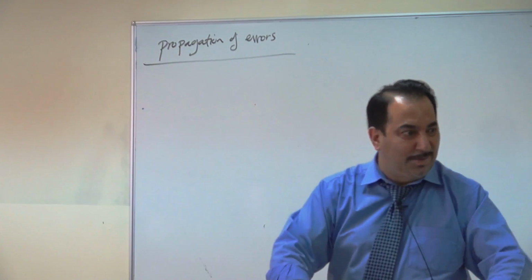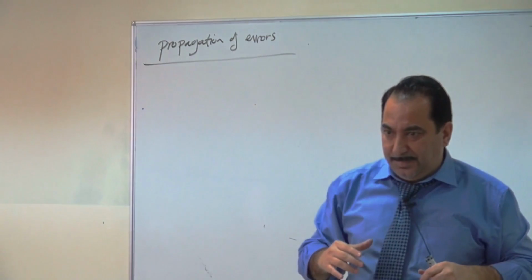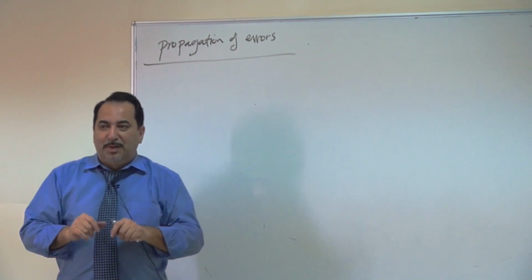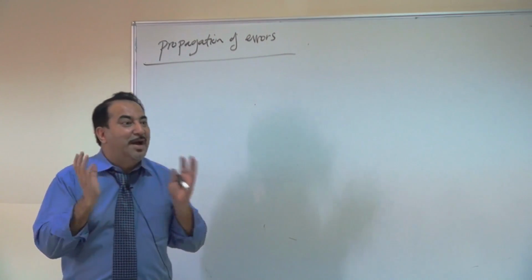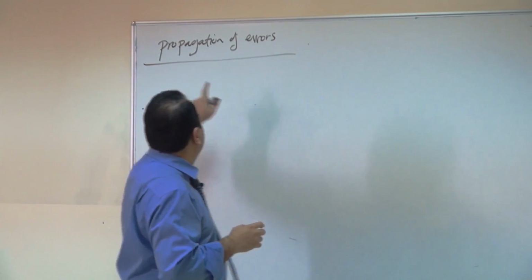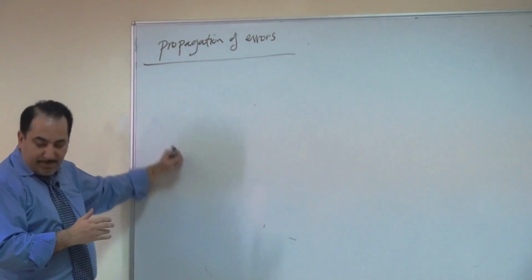The fire sneaks slowly, small, and suddenly becomes a very large one. So errors like that, they propagate through your calculation. Before you realize that you have that much, it will be too late. You have a big error in your design, in your calculations, because you didn't pay attention to the propagation of errors. So let's start with an example.